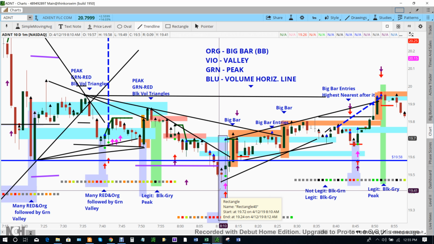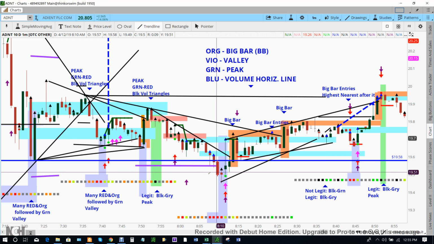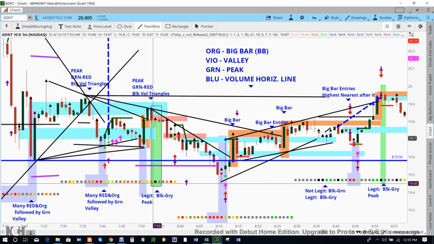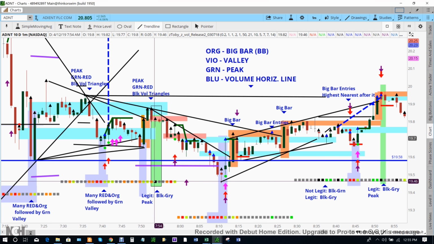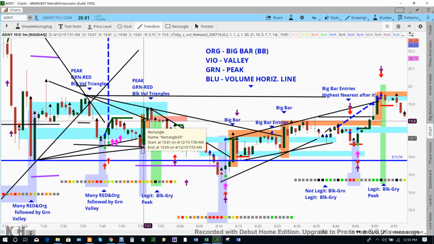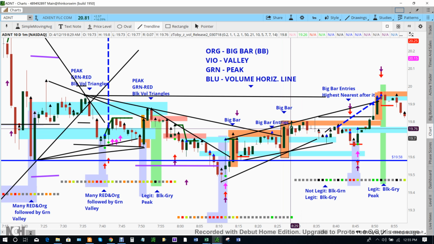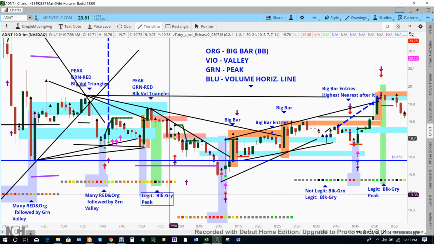So now I want to talk to you about peak indicators. When you see a solid black versus the gray, that's my indicator that it's a peak. It might not be a peak, but sometimes if it's a steady level for a long time, you'll see a black.